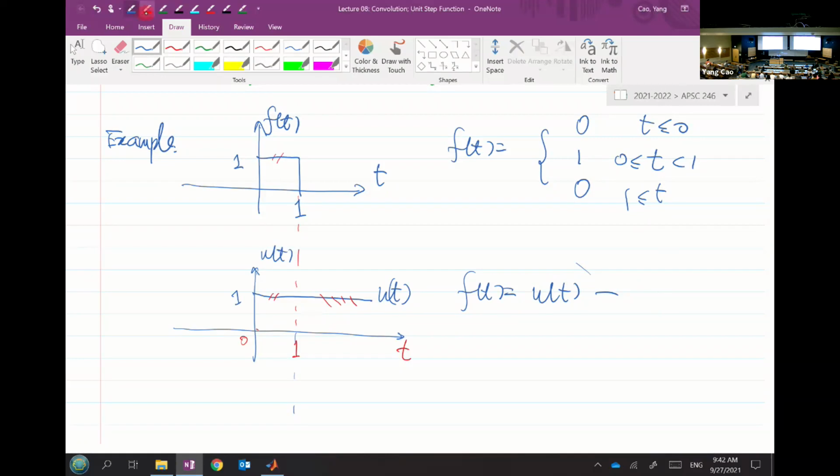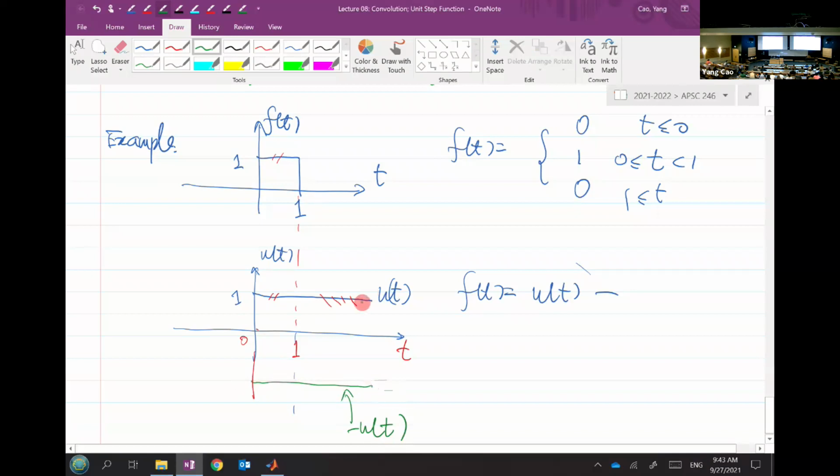Yes, you want a reflection of u of t. The answer is right, but let's see what the reflection of u of t is. Let's use the green color, it is this. If I reflect it, this is u of negative t.